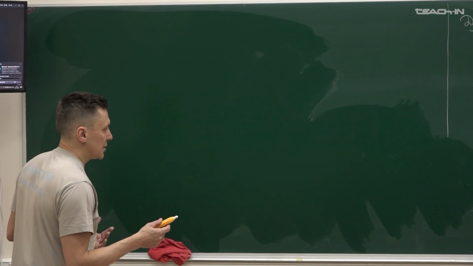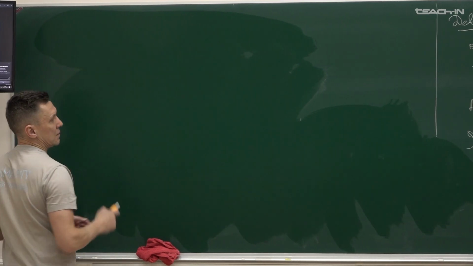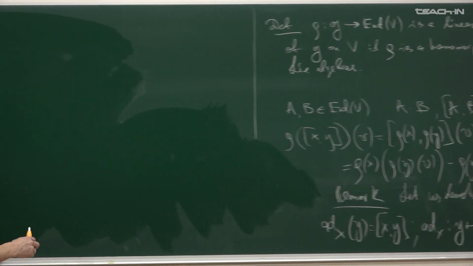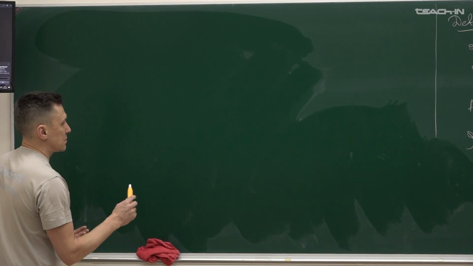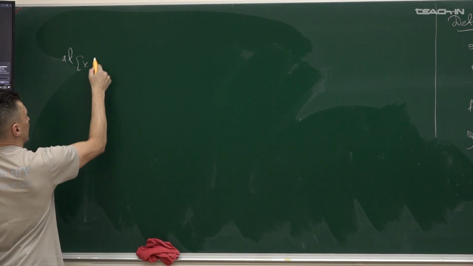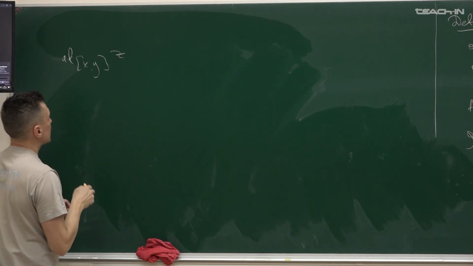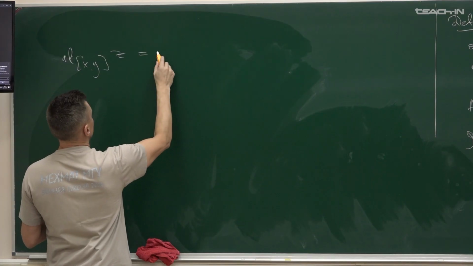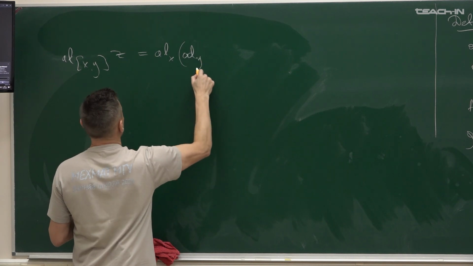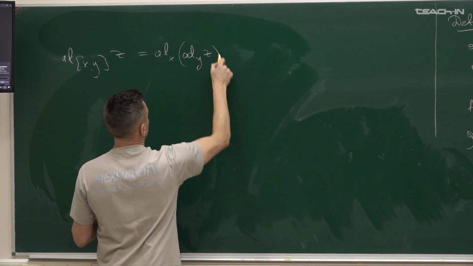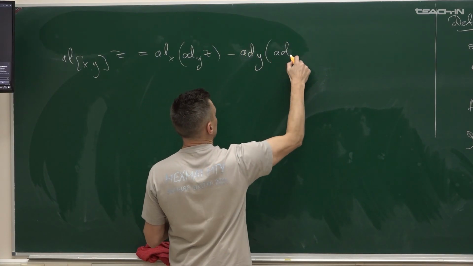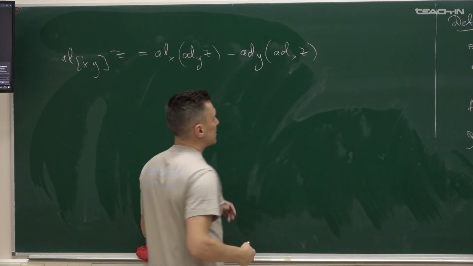What to verify? We have to verify this condition: ad of [x, y] applied to z should be the same as ad of x applied to ad of y applied to z minus ad of y applied to ad of x applied to z.